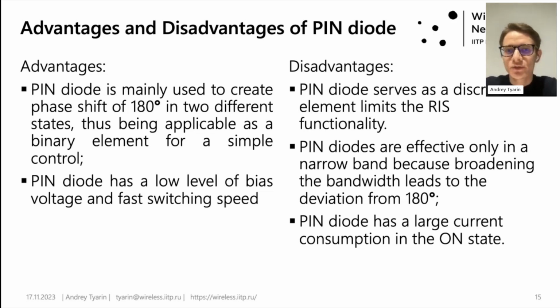However, such solutions complicate the structure and, for the multiple pin diodes case, potentially increase power consumption. RIS with pin diodes typically performs beamforming, polarization change, beam splitting, and beam steering.